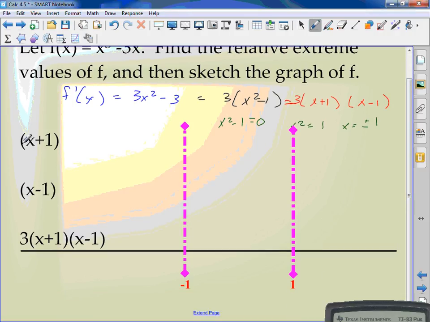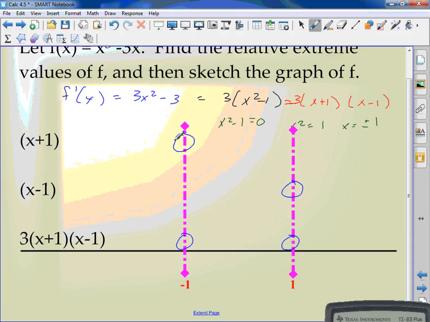This means at x plus 1, negative 1 is a 0. At x minus 1, positive 1 is a 0, because negative 1 plus 1 gets me 0. Now the bottom one, this has to be a 0, this has to be a 0, just because 0 times anything gets me 0.